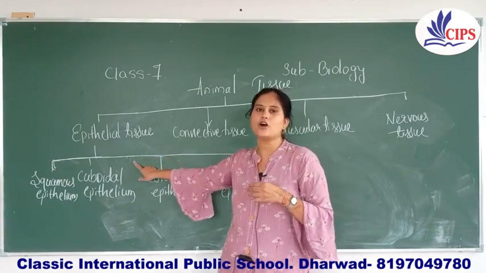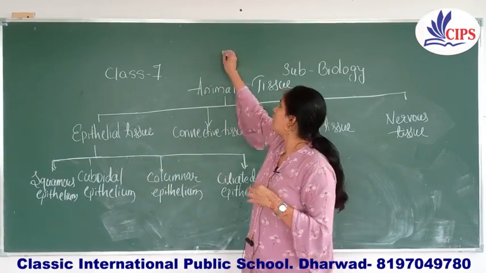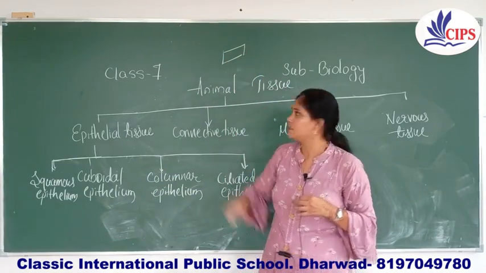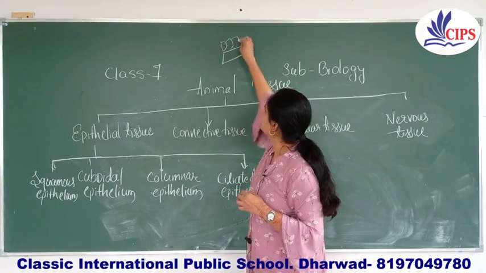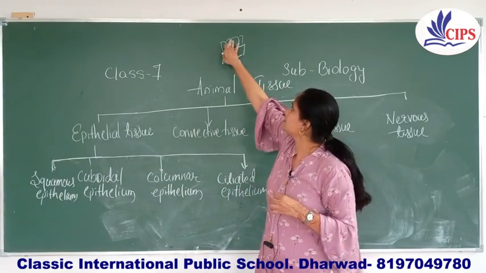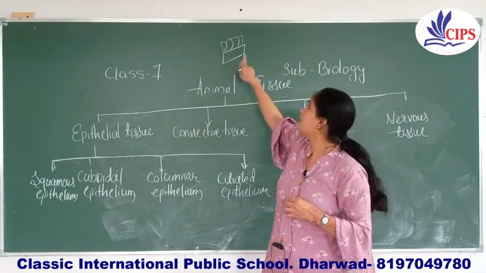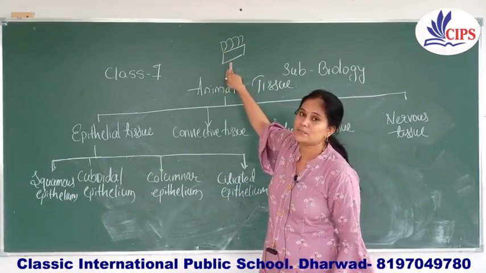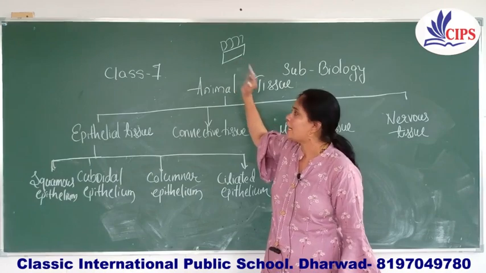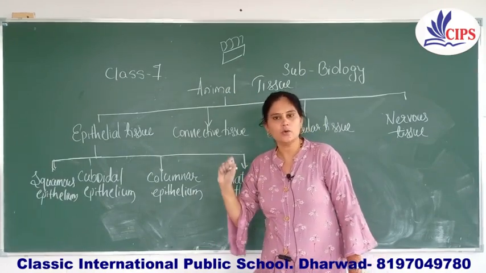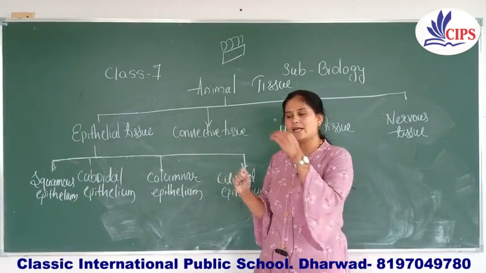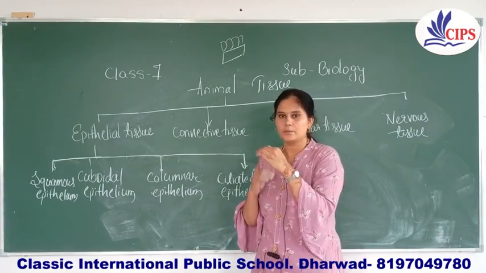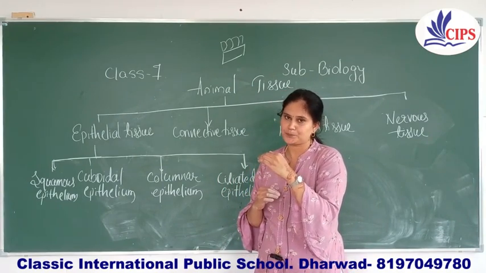All the cells of these tissues rest on a membrane, and this membrane is called the basement membrane. And generally the nucleus is present at the center or at the base of the cell.